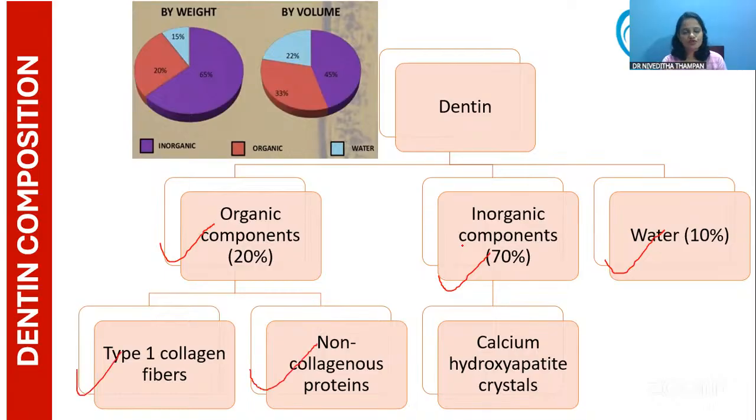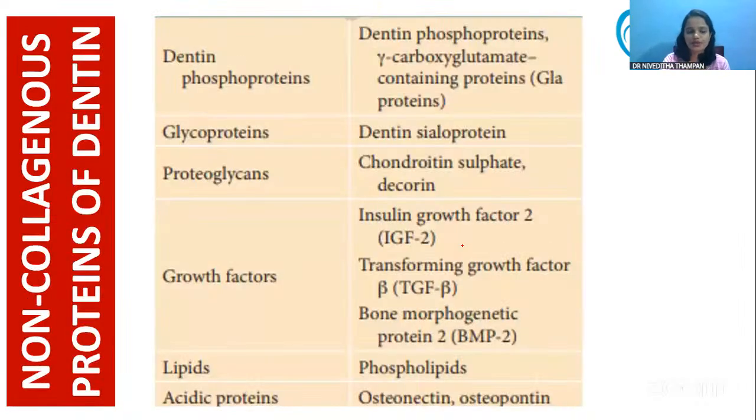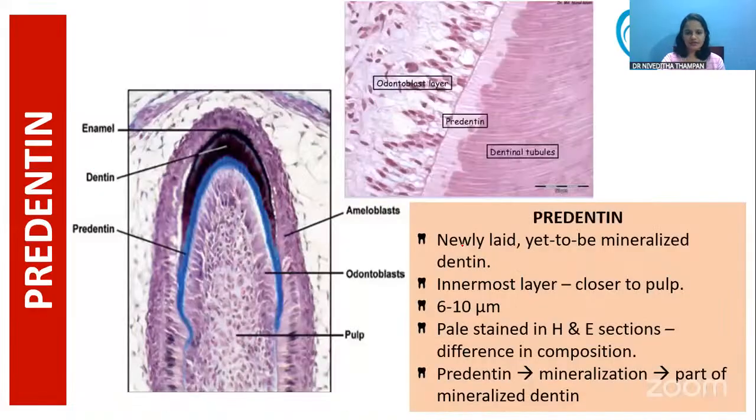The non-collagenous proteins include DSPP or dentine sialophosphoprotein, glycoproteins, proteoglycans, growth factors, and lipids and acidic proteins. Just like we have amelogenin and enamelin in enamel, we have dentine phosphoproteins, glycoproteins and proteoglycans in dentine. That's the major difference.